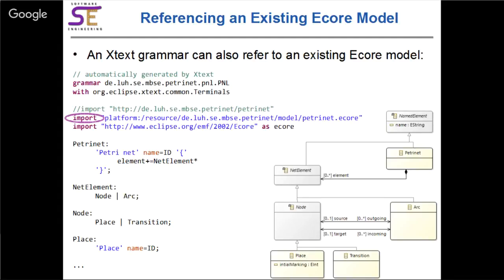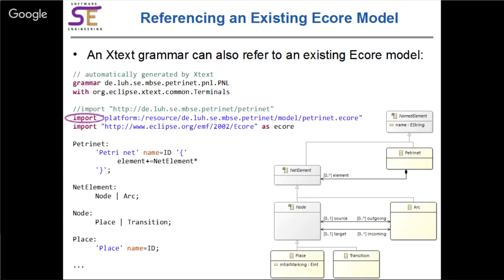So here we again have a start rule, which says, well, whenever you parse something that's a PetriNet, you create a PetriNet instance. So here, when I write PetriNet, this has to be a valid class name, which is the class PetriNet.